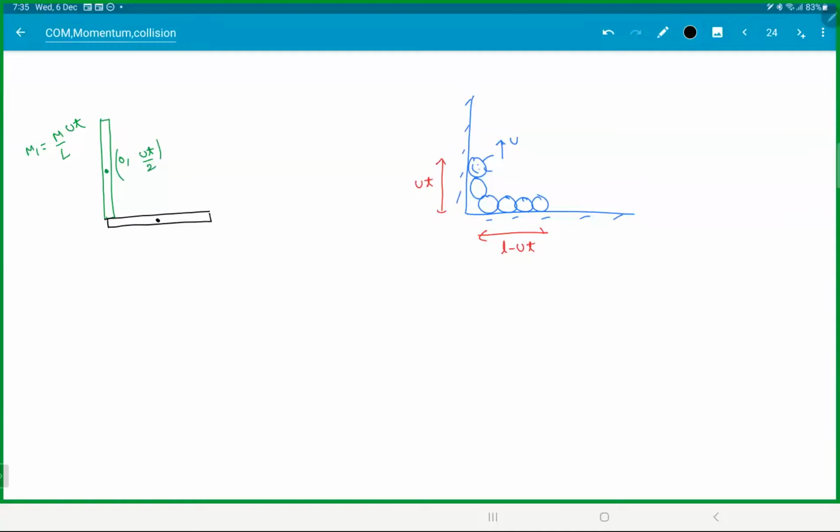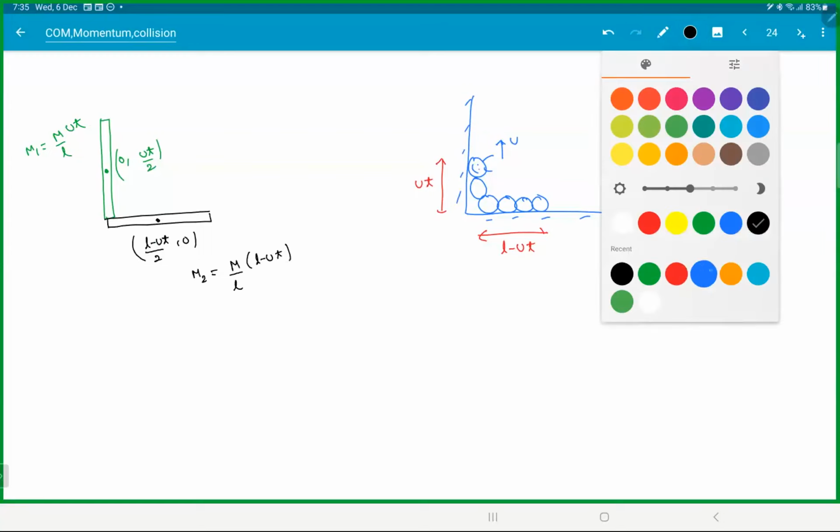For the horizontal piece, the center of mass will be at (L minus ut)/2, comma 0. Assume the mass is m2, which is total mass by total length into the length of this piece, L minus ut. And you're trying to find the center of mass of these two points.